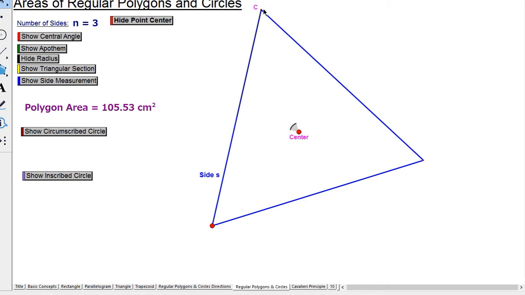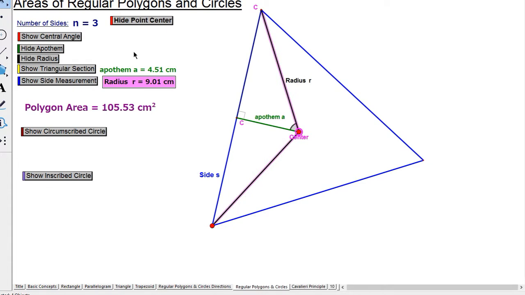Now it turns out if you take the angle bisectors and the perpendicular bisectors of each side, they all meet at a point called the center of the regular polygon. And this distance from the center to the midpoint of any side, the length of that line segment, is called the apothem, and we use a for that length.